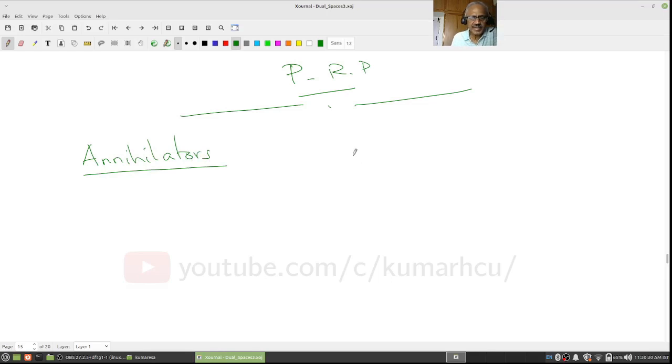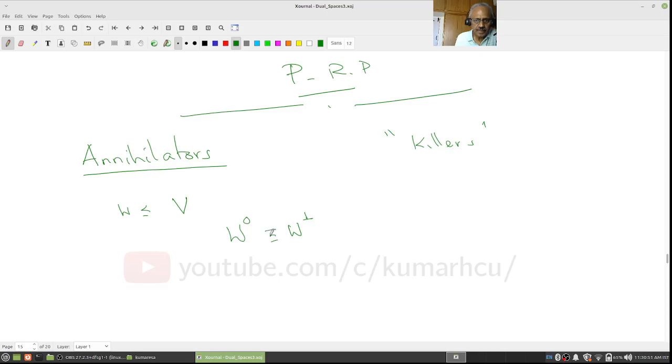So it's annihilator. Annihilator means killers. What does that mean? Suppose V is a vector space, W is a vector subspace. I am going to write it, sometimes people write W^0, but I write W perp.